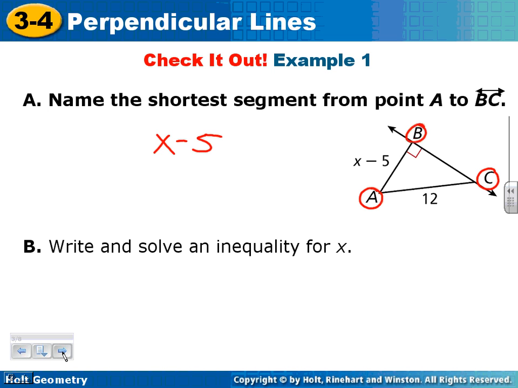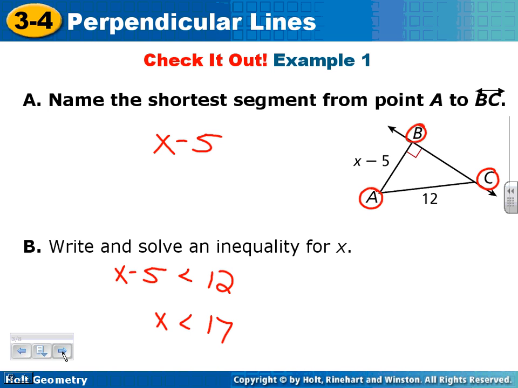Well, I'm going to do it two ways again. X minus 5, and then I would compare that to the 12. Well, what symbol goes between those? X minus 5 is always smaller, so I need a less than symbol. So then solve that by adding 5, so x is less than 17.